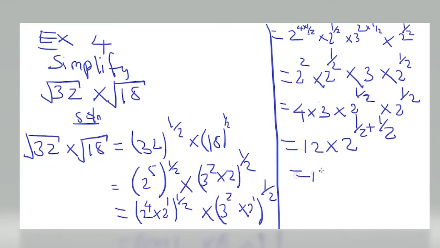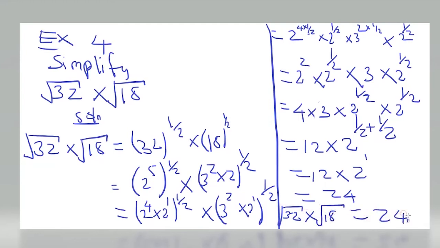Now this one will be equal to 2 times the half plus the half, which is 2 power 1, and 2 power 1 is 2, therefore 24. Now the answer of under root 32 times under root 18 is equal to 24. That is the solution of that question.